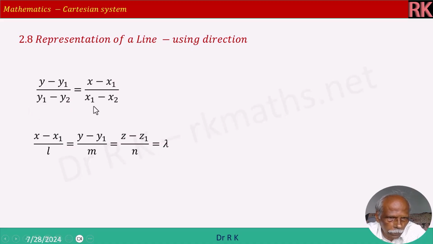These x1 − x2, y1 − y2 and z1 − z2 are all named here. The denominator for x is L, for y it is M, and for z it is N. L, M, N are called direction cosines. The square of L, square of M and square of N, if you add them, you will get 1. That is why they are called direction cosines.